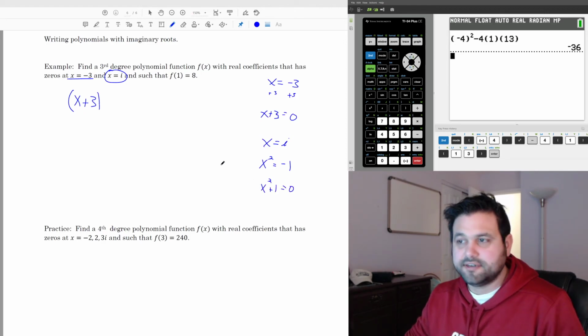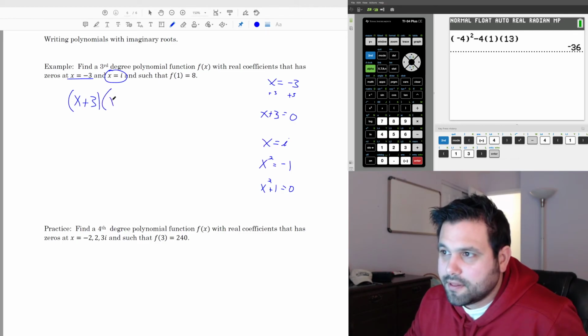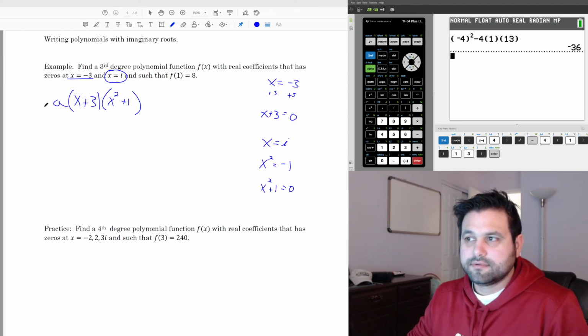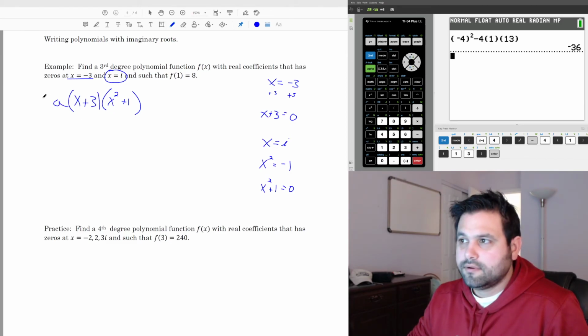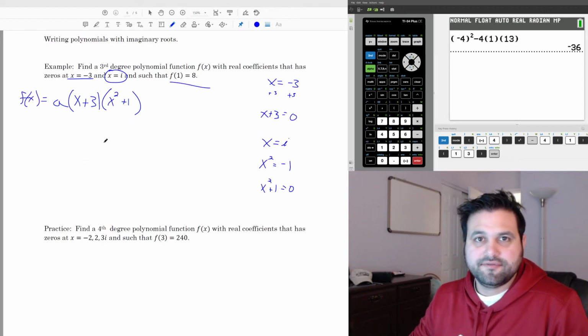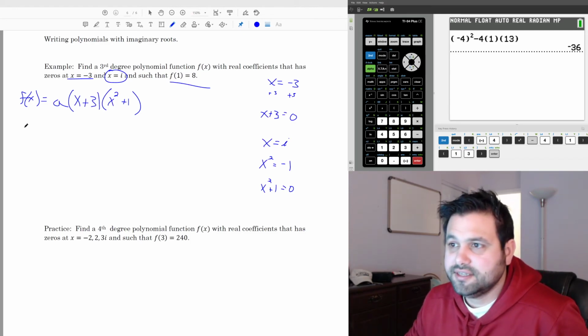And there's my factor. There is a coefficient as well.